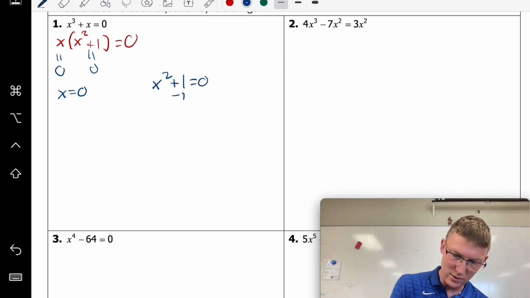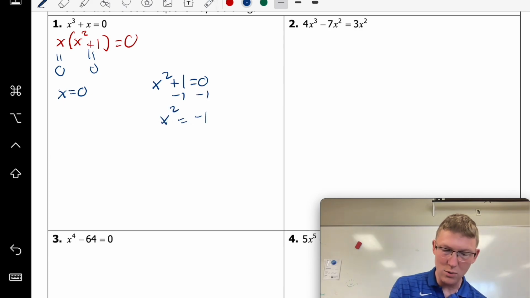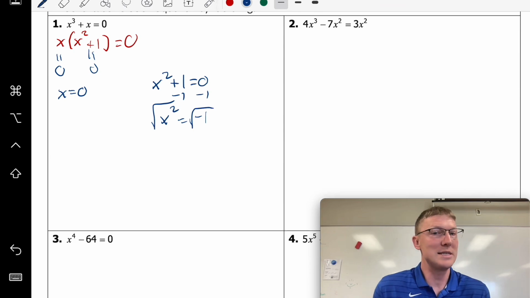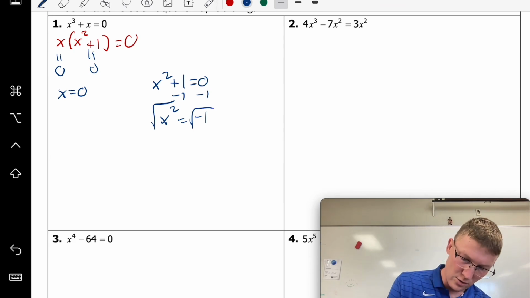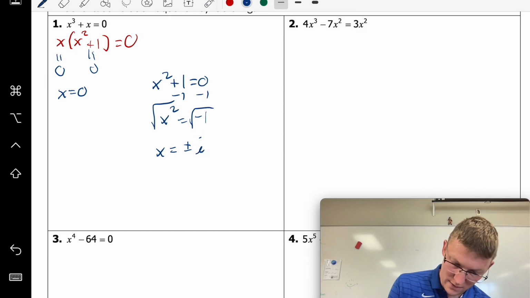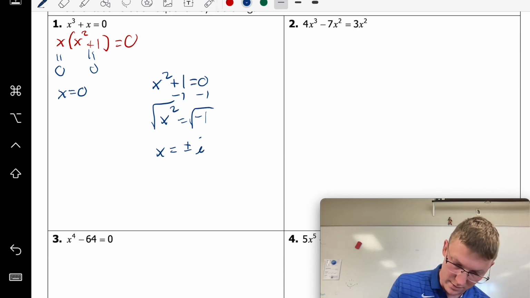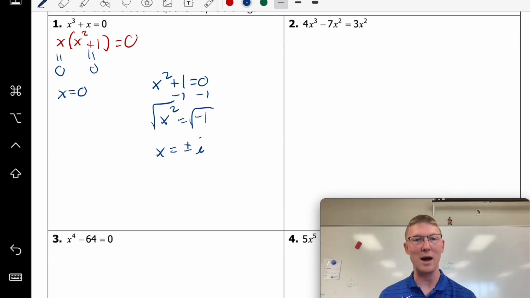We're going to subtract 1 from both sides. Normally, I would go, oh no, we're about to square root both sides. We're going to have a negative sign under there. But again, we know how to deal with that, right? So we're going to have x equals plus or minus i square root of 1, which is actually just 1. So it's just going to be plus or minus i.